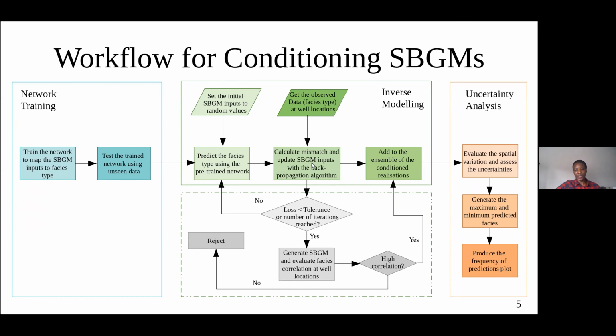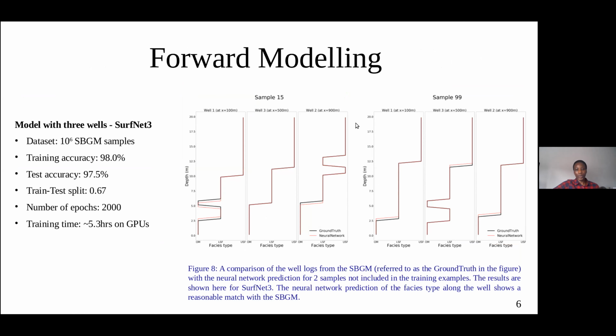We do this iteratively, and based on the criteria that we impose, we add this model to our conditioned suite of realizations, and essentially we're able to then understand spatial variations based on the results from the conditioning process, or what we refer to as the inverse modeling in this case.